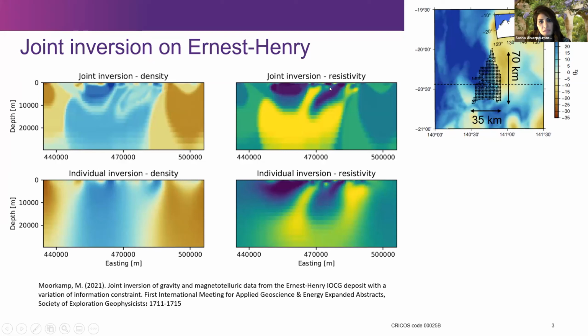Seeing these structures in resistivity inversions get sharper, and seeing the boundaries better, is very important. Always with resistivity inversion, whether you're using DC resistivity, IP, or MT, there's always this blobbiness in the inversion that you always see.